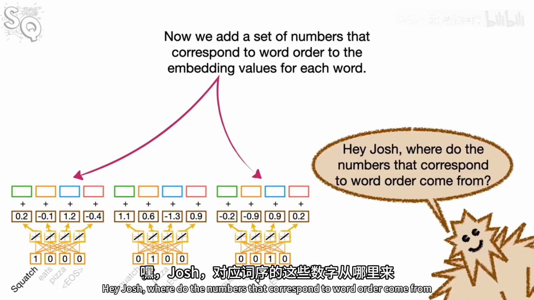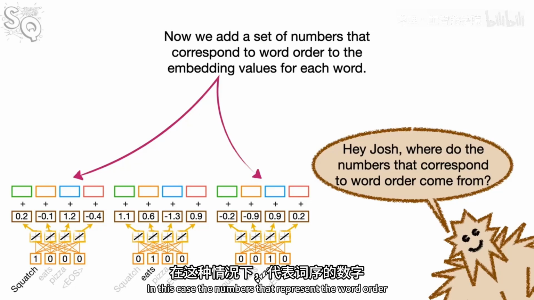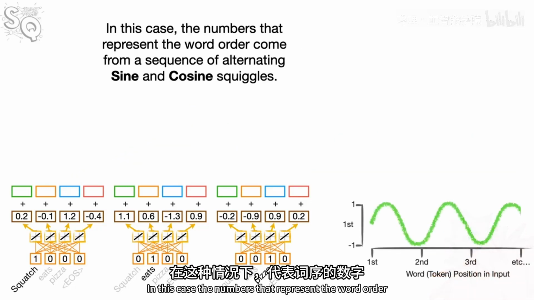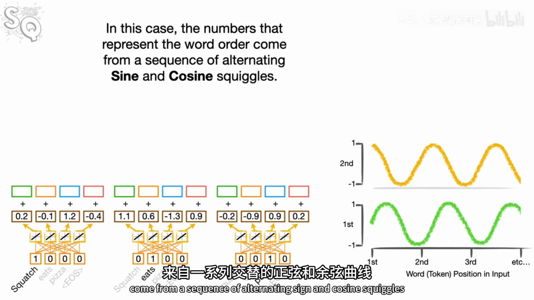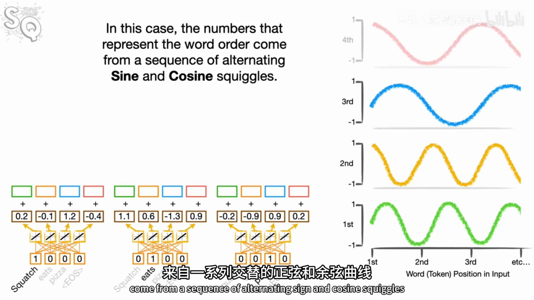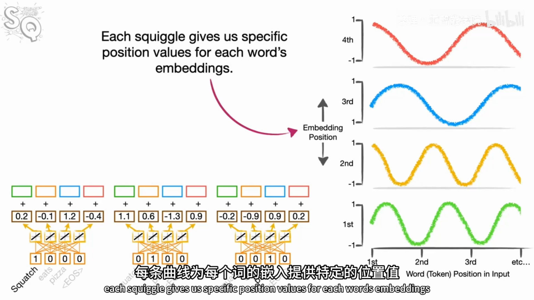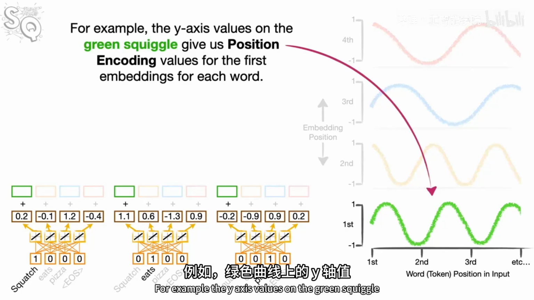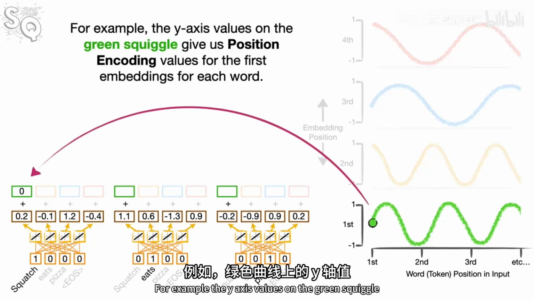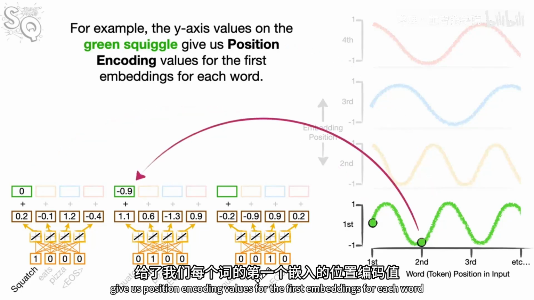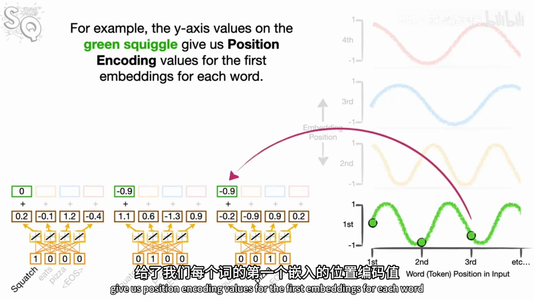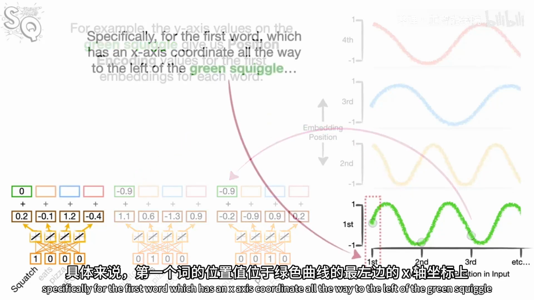Hey Josh, where do the numbers that correspond to word order come from? In this case, the numbers that represent the word order come from a sequence of alternating sine and cosine squiggles. Each squiggle gives us specific position values for each word's embeddings. For example, the y-axis values on the green squiggle give us position encoding values for the first embeddings for each word.